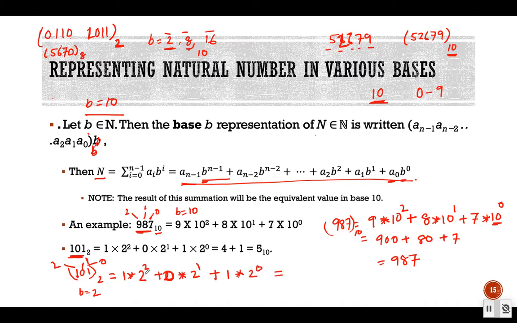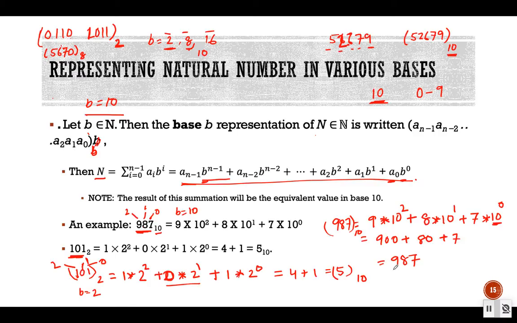So that will give me 4 plus 0 and 1, so 5. And that's in decimal number. All right, we are going to see a couple of examples, so don't worry about that. So let's try to find the binary number to decimal expansion.